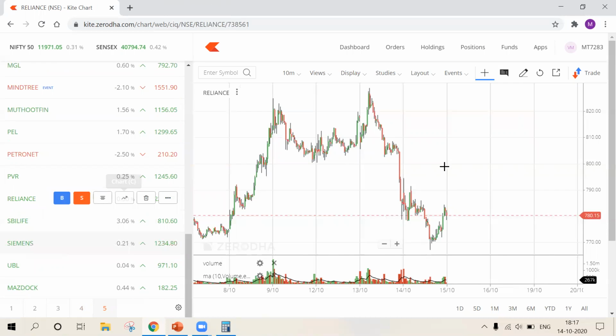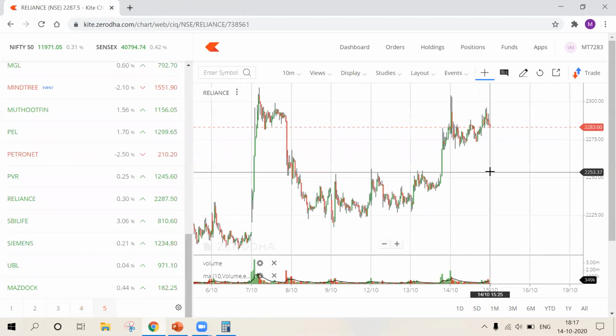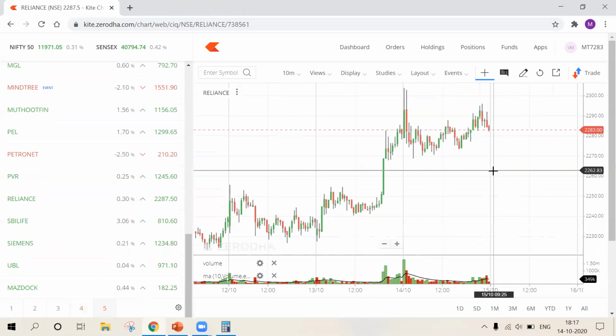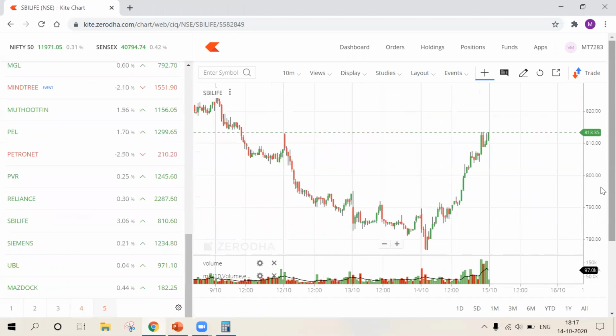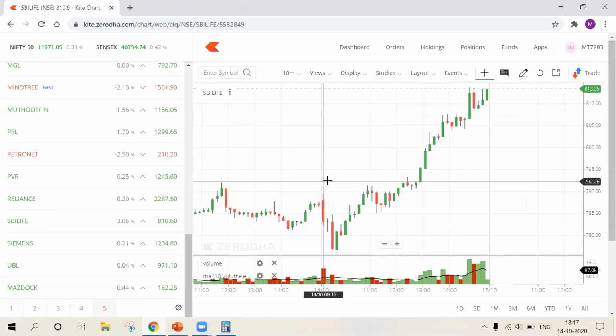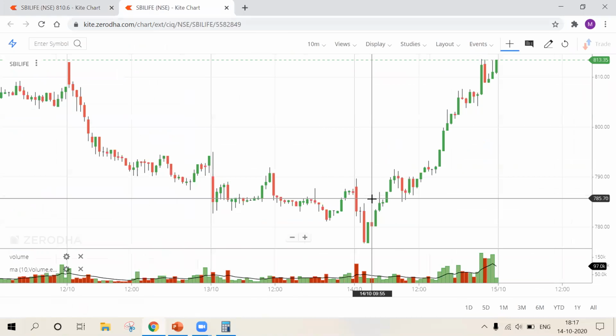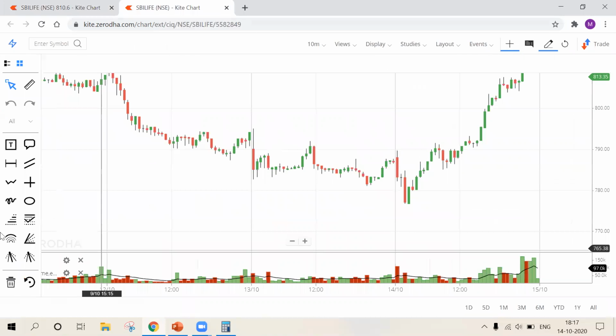Let's go with Reliance. Reliance is also sideways. SBI Life, let's go with this. All right, looks great.